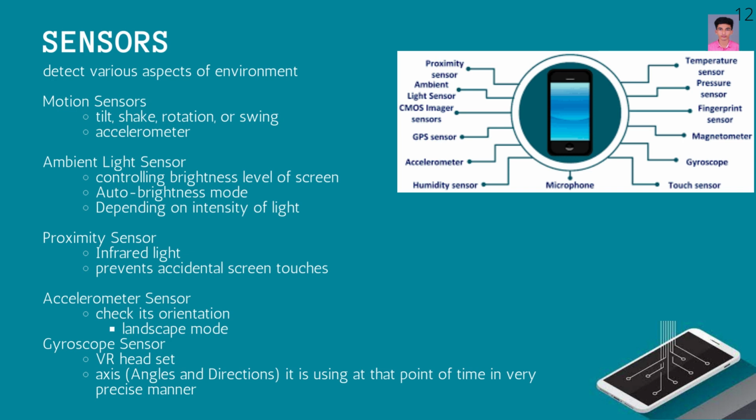It is used to check the orientation of the device, like whether it is in landscape mode or portrait mode. Then comes the gyroscope sensor, which is mainly used for VR headsets. It helps detect the axis, angles and directions of the device at that point of time in a very precise manner.